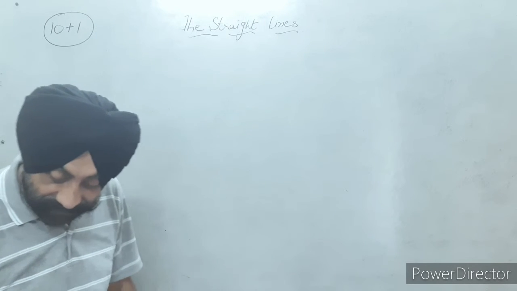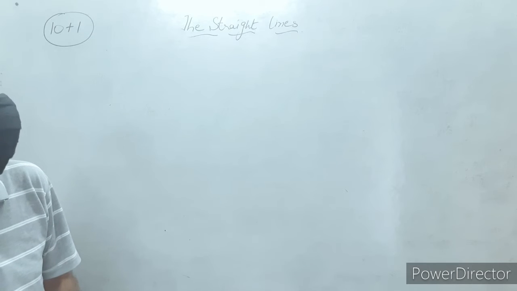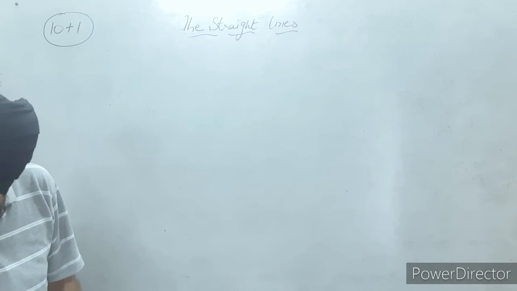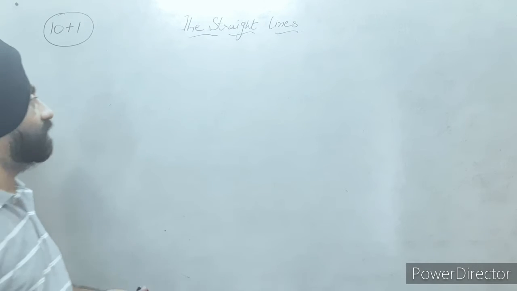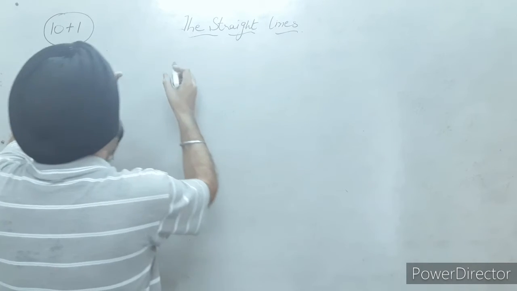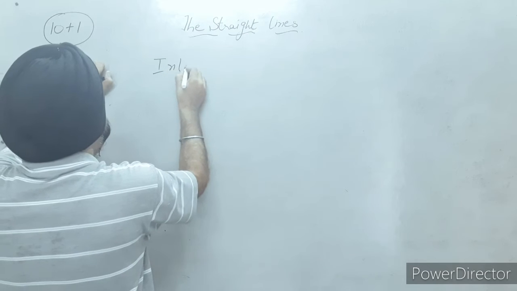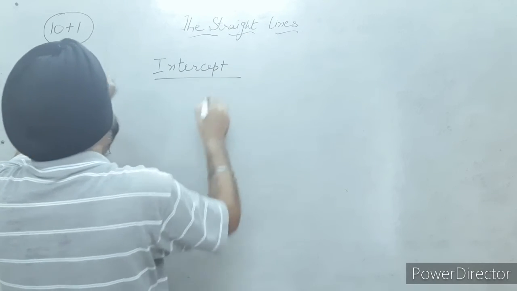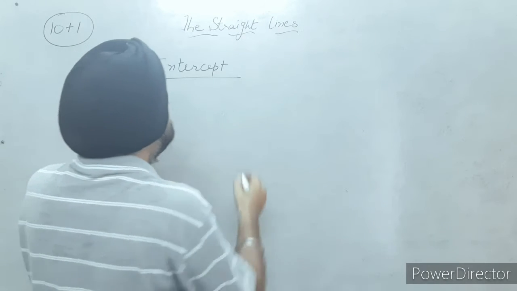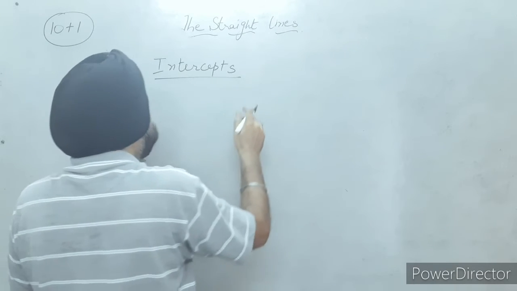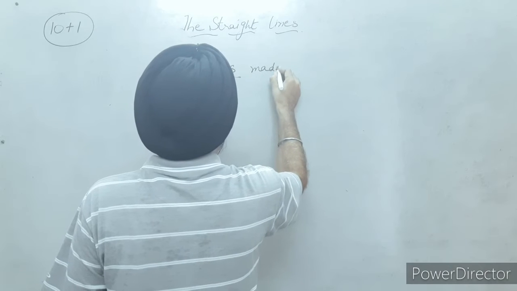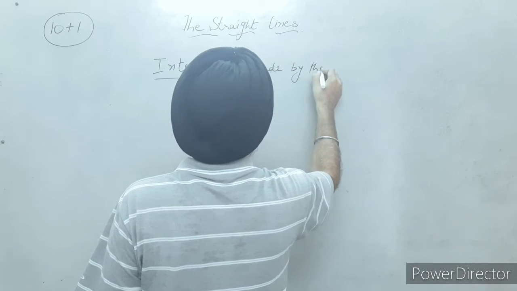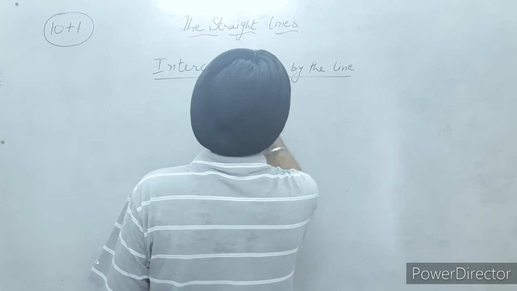Now next is representation of a straight line in various forms, right? Now the very first form, first of all let me give you what intercepts are. What are the intercepts made by the line?